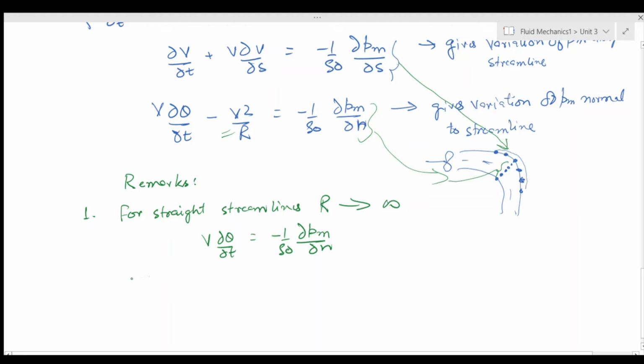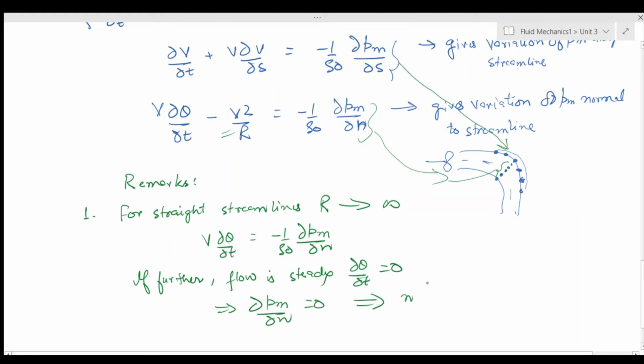Further, if flow is steady, then del theta by del t would also be 0, and what we would get would be del Pm by del N is 0, meaning by that for straight streamlines, parallel straight streamlines, where the flow is steady, there would be no pressure variation normal to streamlines.